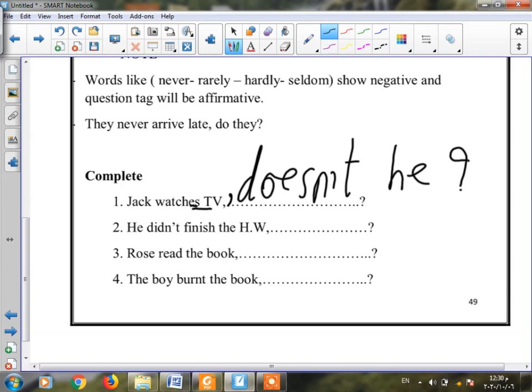Read sentence 2. He didn't finish the homework. Okay, it's a past. And my sentence here, if you read, you will find it negative. I'm going to change it to positive. It will be did he. The third one, Rose read the book. Rose read the book. This is a very good sentence. Why?